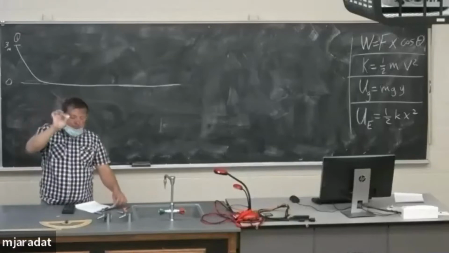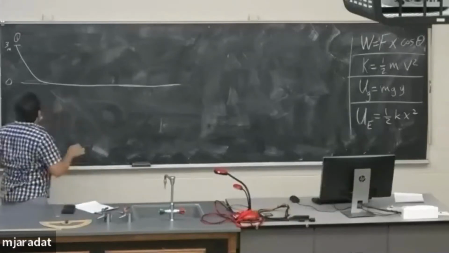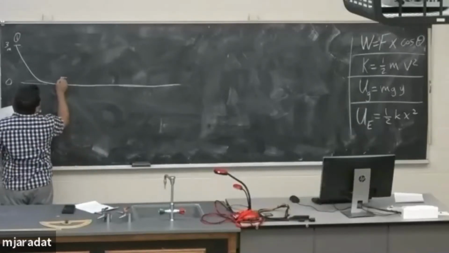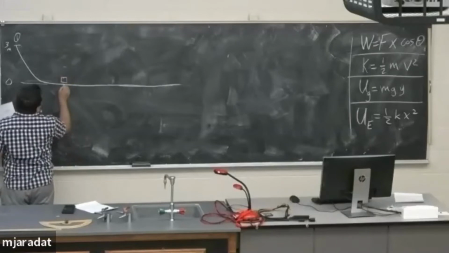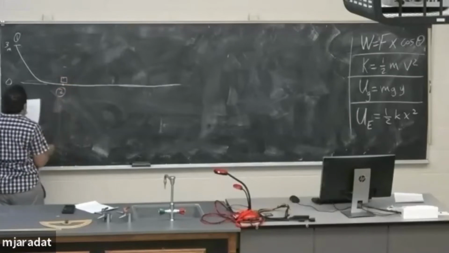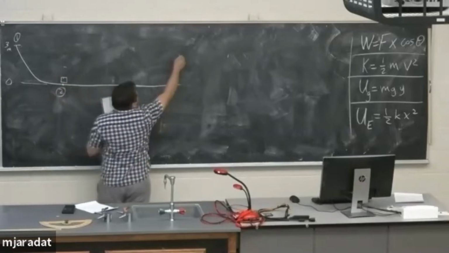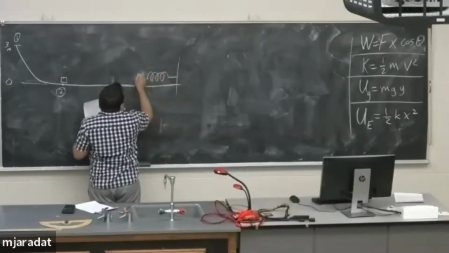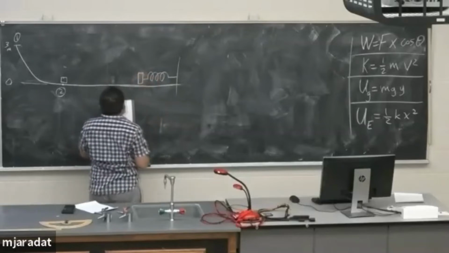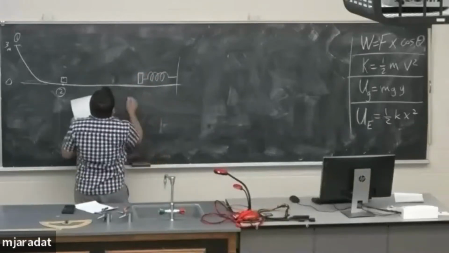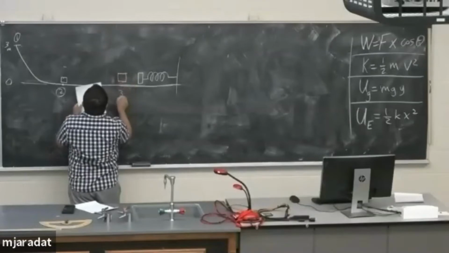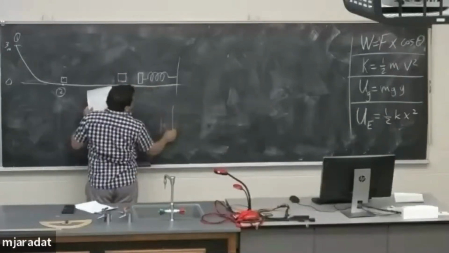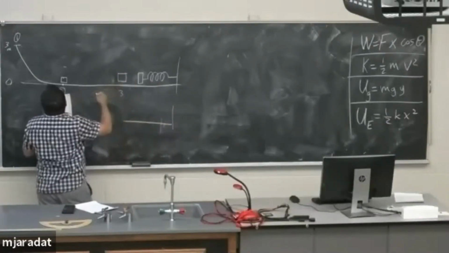Always we need to name the positions. This is point number 2. And we have a spring here. We have point number 3 here. The spring, the mass.